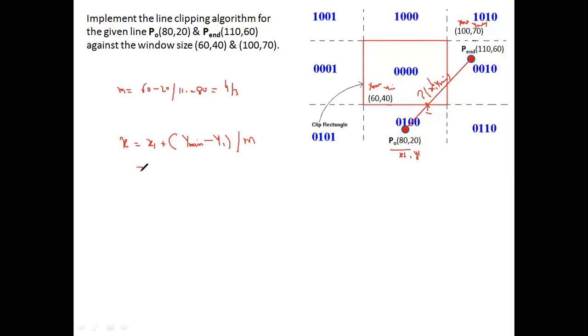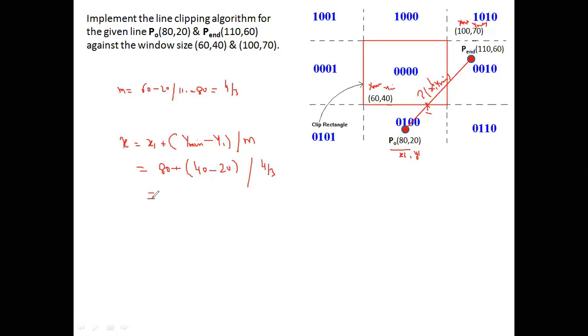So x1, you know that is 80, plus y min is 40, minus y1 is 20, and divided by 4 by 3. That will become 3 by 4. Let's write over here 4 by 3.